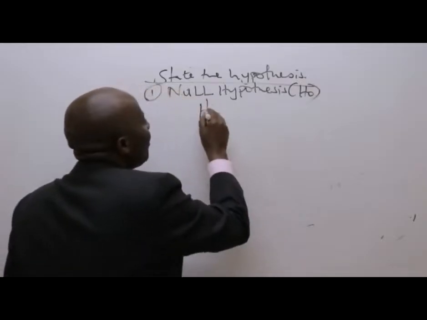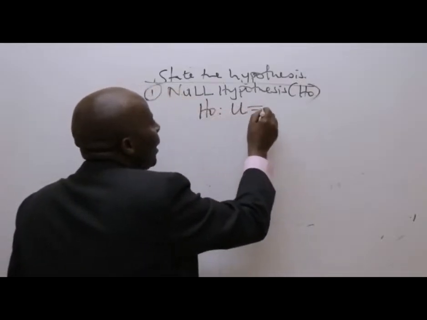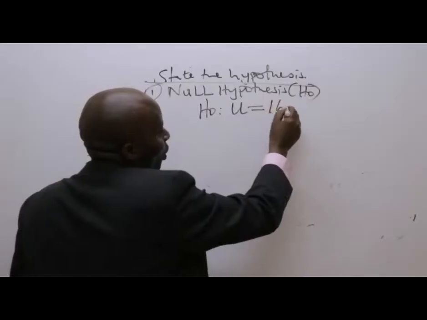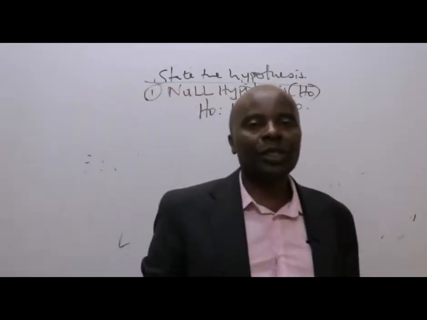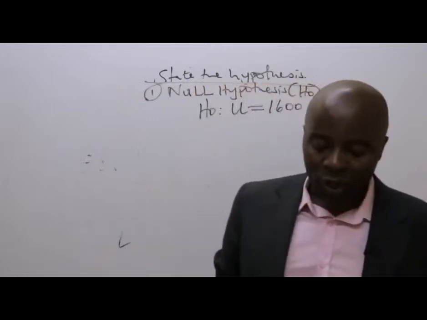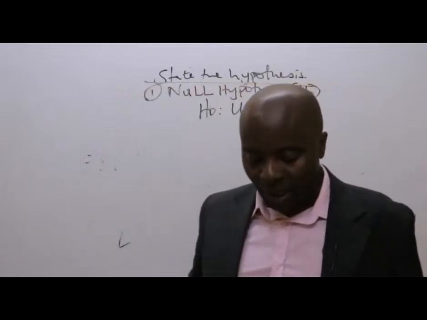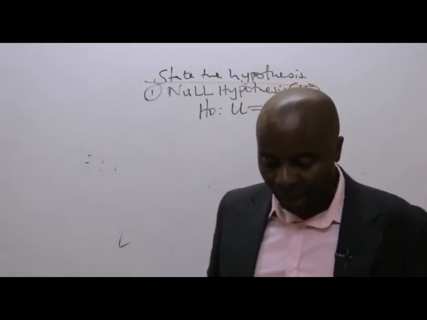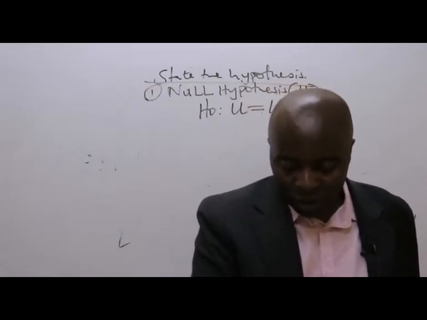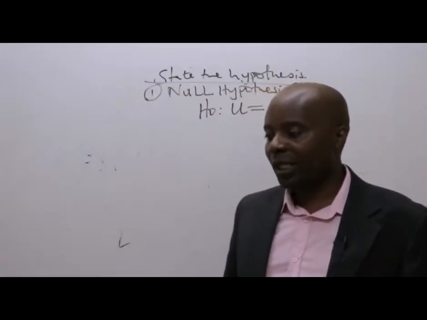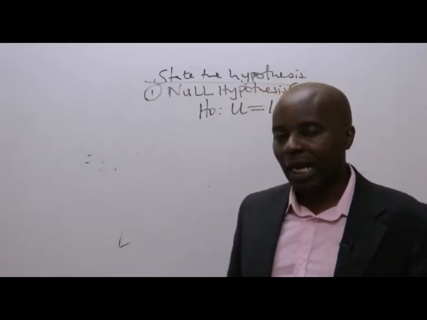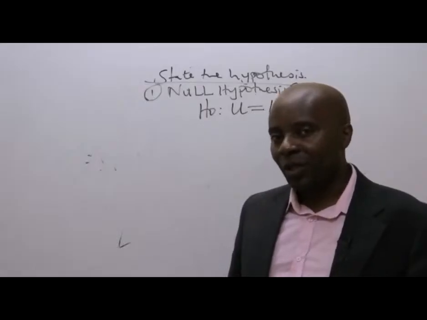My null hypothesis says that my μ will be equal to 1600. The null hypothesis is because they want us to test the claim that the mean lifetime of the tubes produced by the company is 1600.